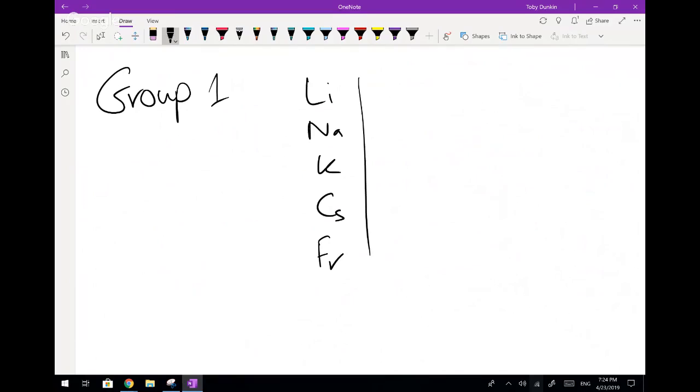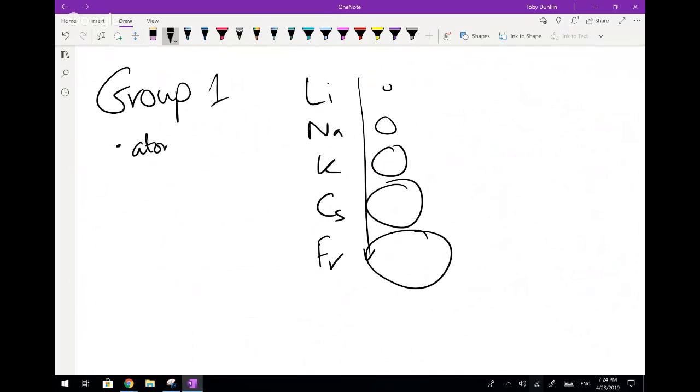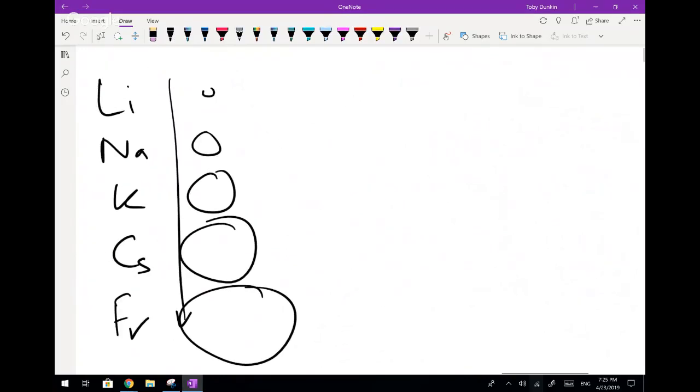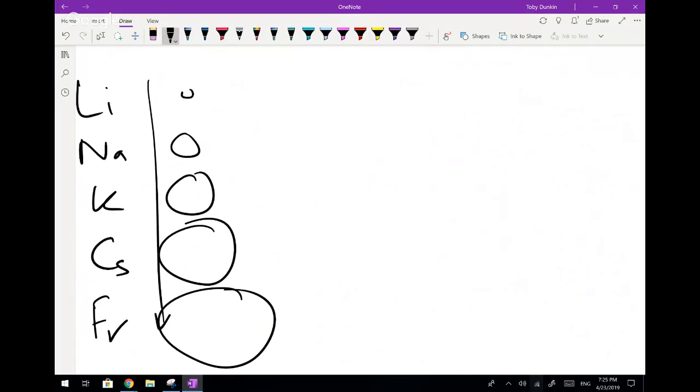As we go down, we can apply our new trends. The atom size is increasing as the shell number increases, so atomic radius increases down the group. We know this already. But now we pick up their chemical properties, how they behave. Going into a slightly more detailed diagram, lithium has 3 protons in its core and 2 shells.